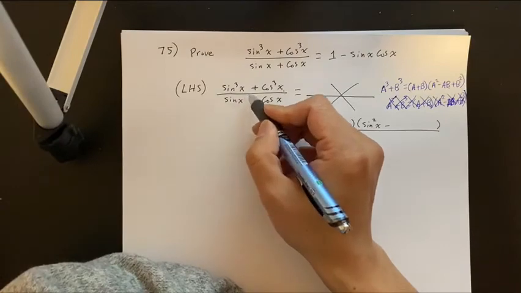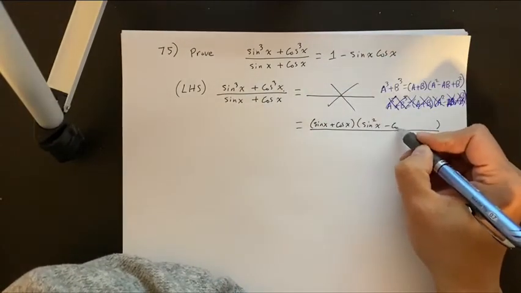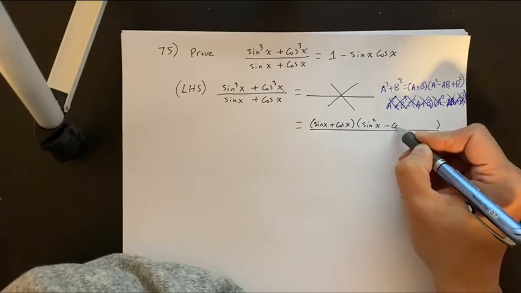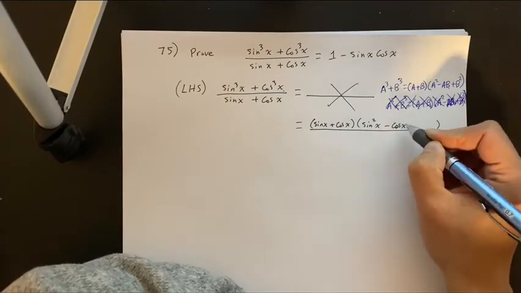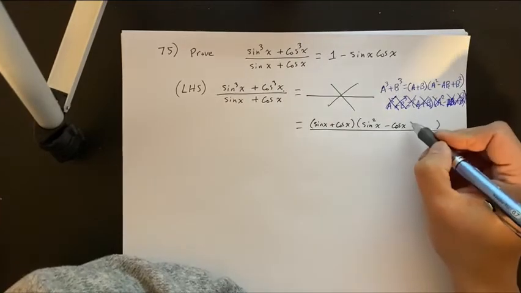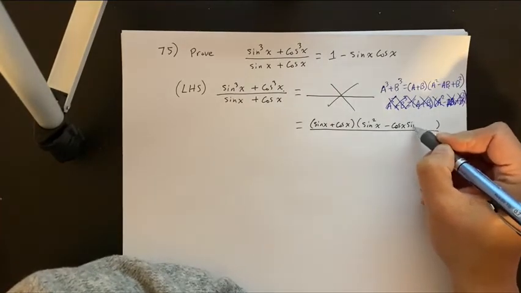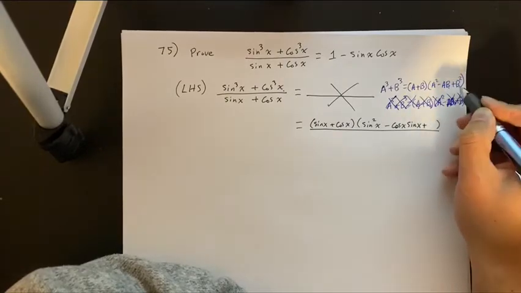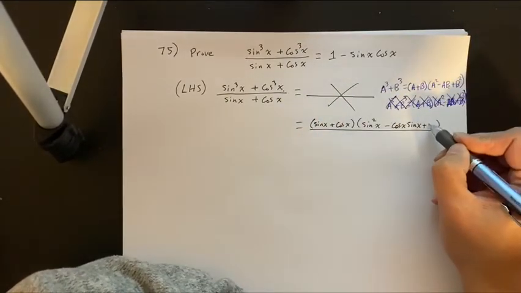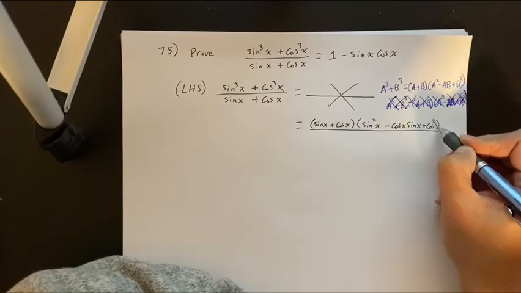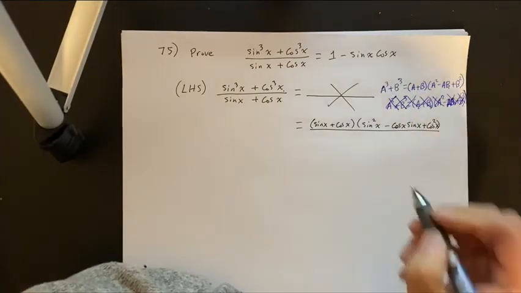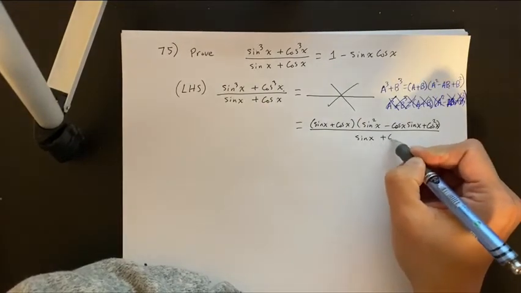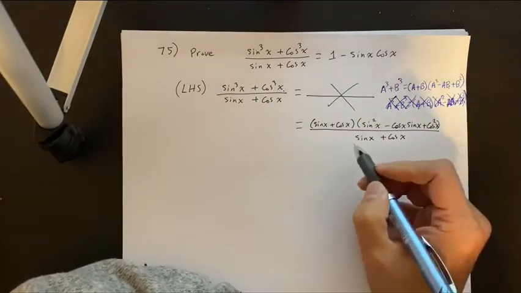Well, that's sine x times cosine x. I accidentally wrote cosine first, so I'll stick with that. And this is b squared, which is cosine x squared. Okay, and the bottom is the same. It's going to be sine x plus cosine x.